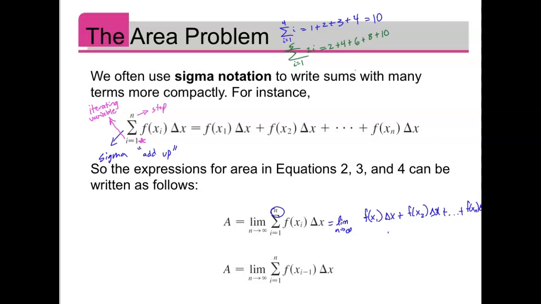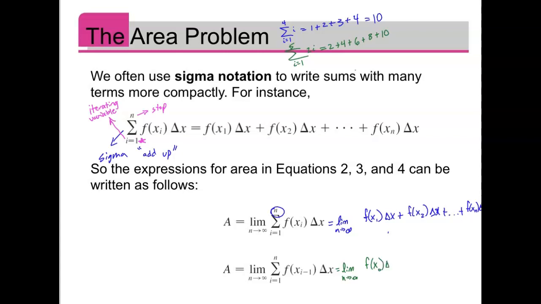All right, how is that different than the one below it? We're still starting at i equals 1, but then look at the formula. It's slightly different. So what's my first term going to be here if I write this in expanded form? It's going to be f of x what? 0. If you remember, x0 is your left-handmost endpoint.